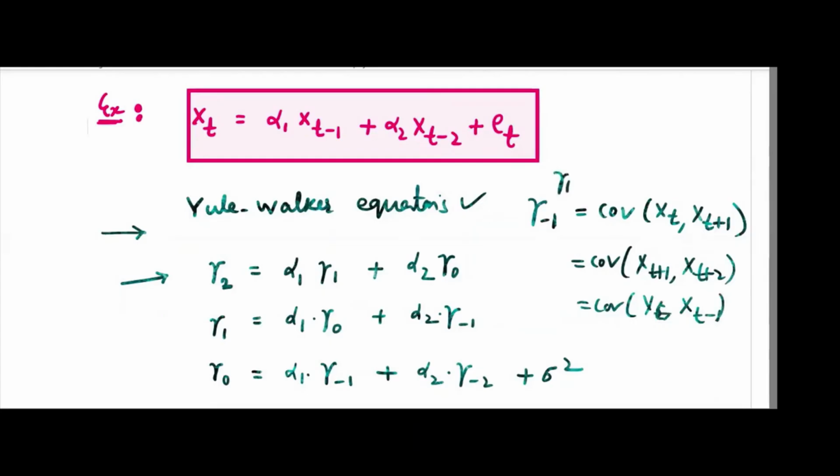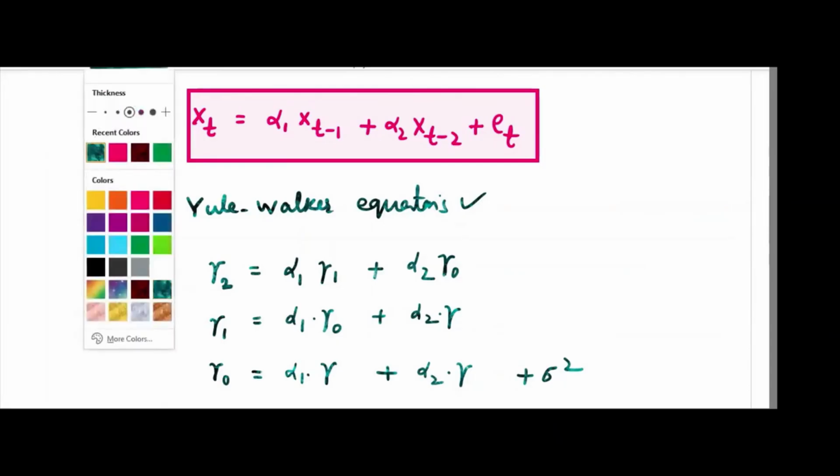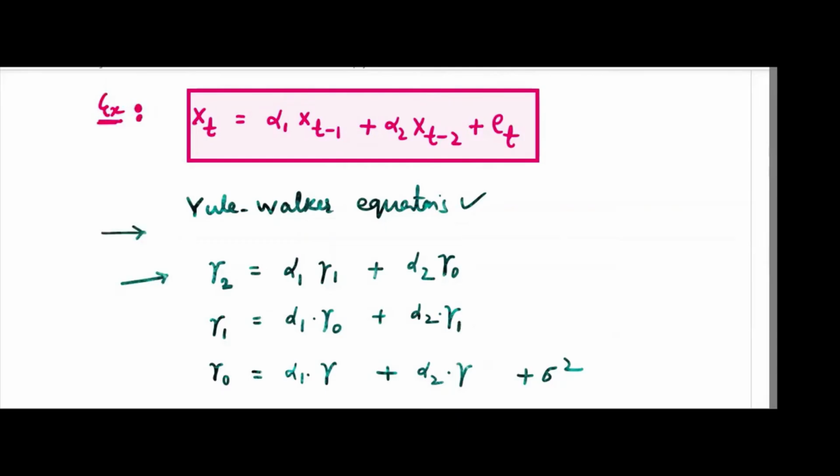Gamma 1, gamma minus 1, they are the same. We will not write any minus signs here. So if you replace all minus, we'll make it plus 1, plus 2, plus 1. Because they are the same. Covariance of AB is equal to covariance of BA. So this is minus 1, we'll write 1 here. This is minus 2, we'll write 2 here. Okay, so these are the equations we derived here.